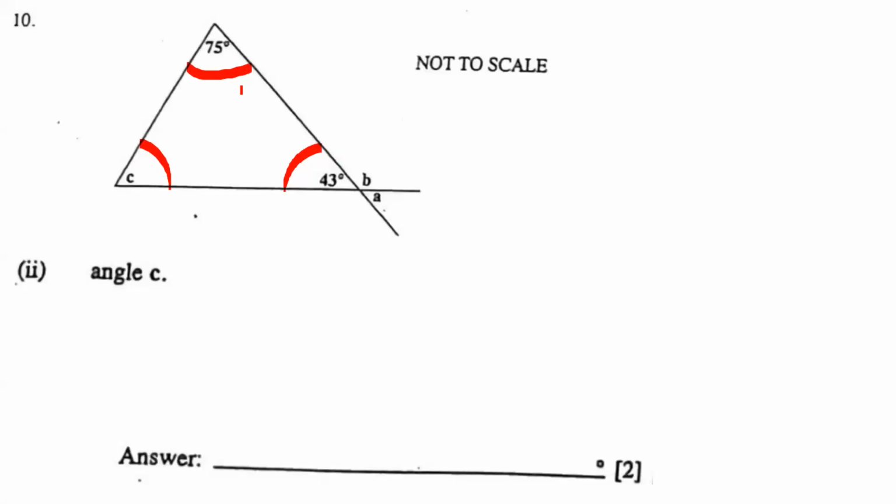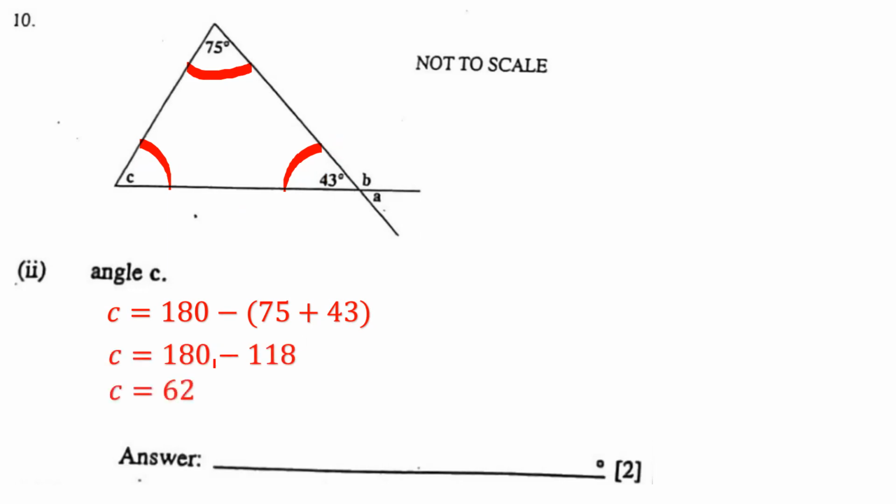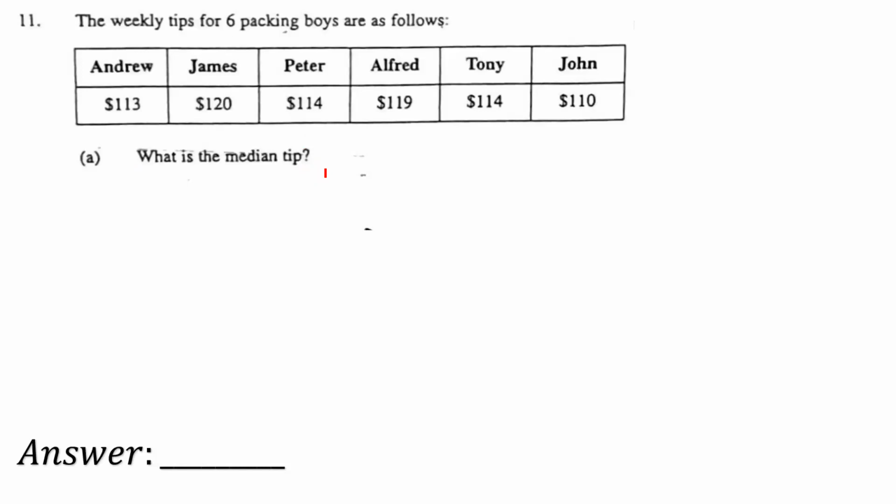We already have 75 and 43, so let's add them together and then subtract that from 180 degrees to get what C is. Again, 75 plus 43 is 118. We subtract that from 180 to get what C is, and C is 62. If we add 62 plus 75 plus 43, the answer is 180. So C is 62.